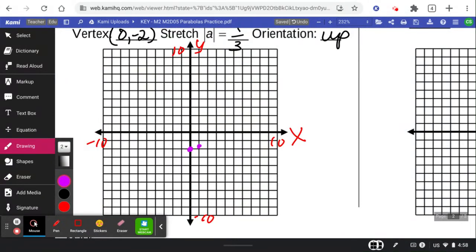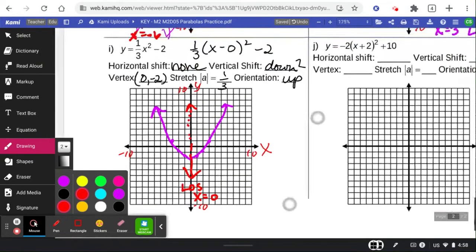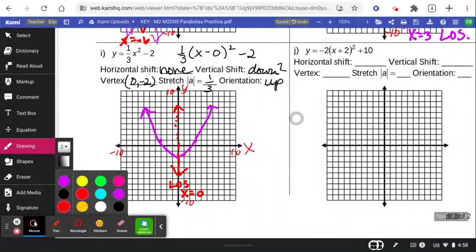Out 1, up 1/3. Out 2, up 4/3. Out 3, up 3. That's a nice one we can hold on to, connected. Put in that line of symmetry, and you're done. Yes, the line of symmetry can go straight through 0. It is allowed. It's right on the axis.